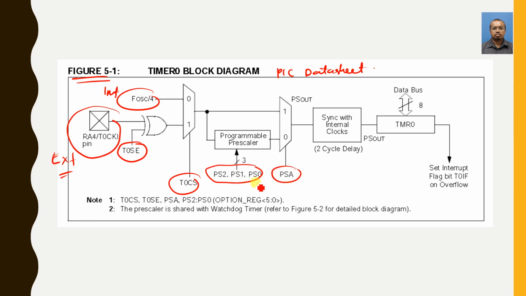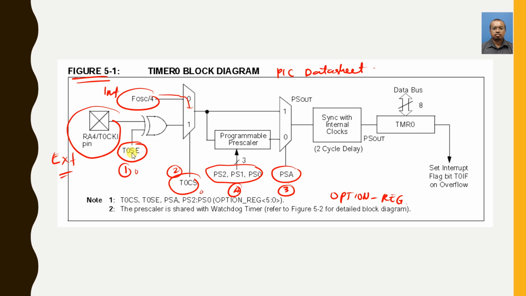These are all the elements that are available in the option register. So item number 1, number 2, I put this as number 3 and number 4. Here, let's say if you use an internal timer, if you were to go to here, you have to select this as T0CS must be set as 0.